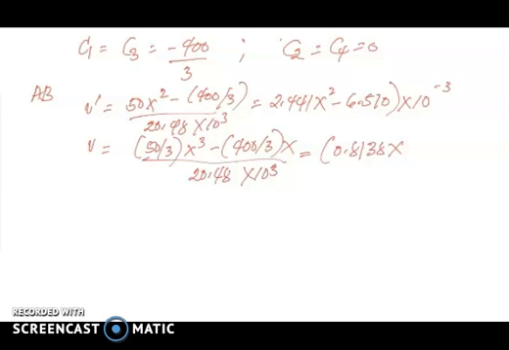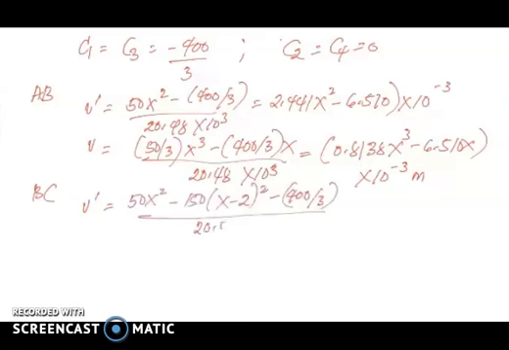Now for segment BC, our slope equation will be equivalent to, substituting the flexural rigidity value, 50 x squared minus 150 times x minus 2 squared minus 400 all over 3, all over 20.48 times 10 to the third.